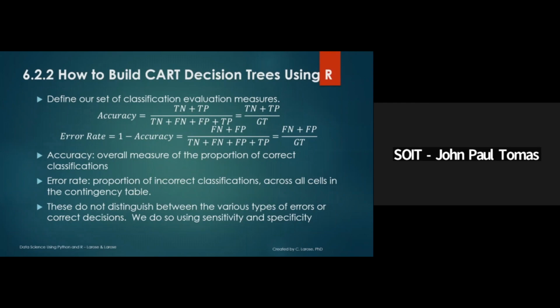Okay, so like I've said, the accuracy is the overall measure of the proportion of correct classifications. Since this is the accuracy of the model itself, measuring correct classification, whether the model is pinpointing towards a negative result or a positive result, we're pinning down the accuracy of the overall measurement of correct classification.